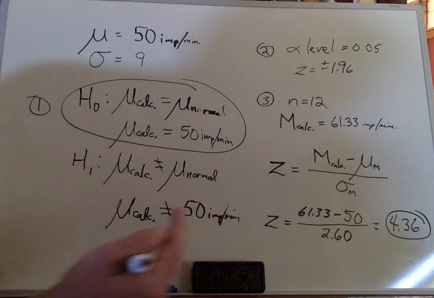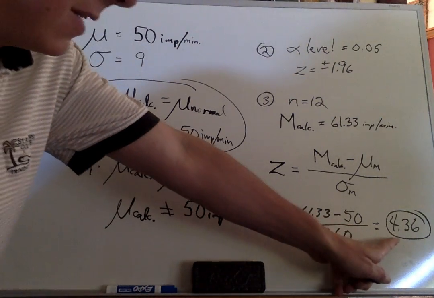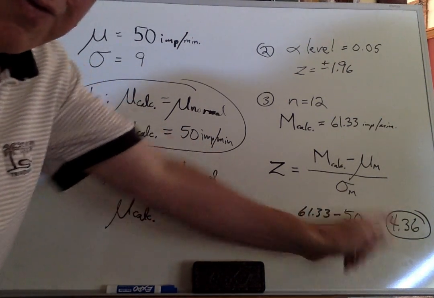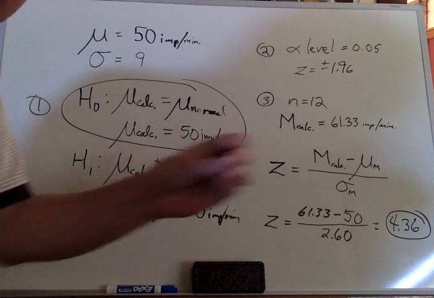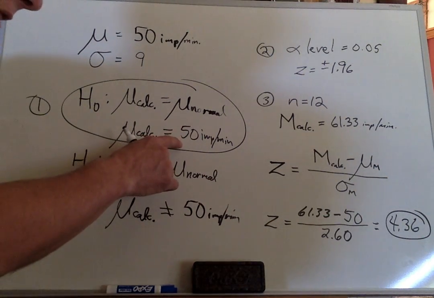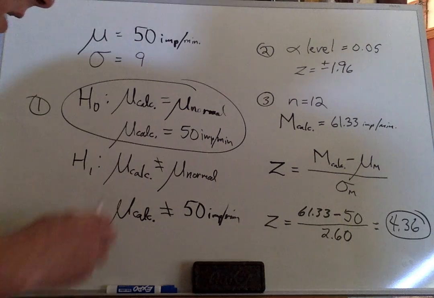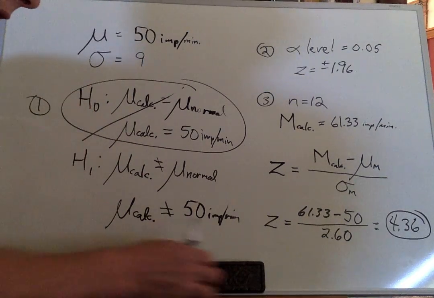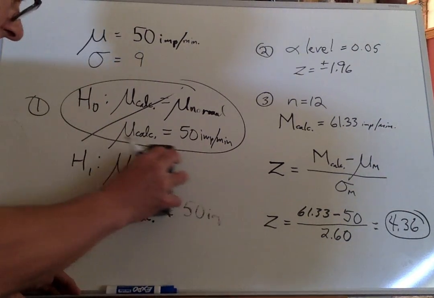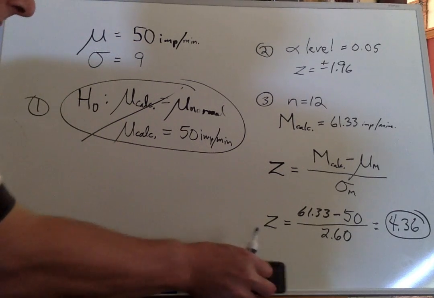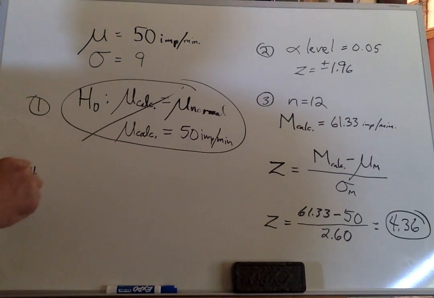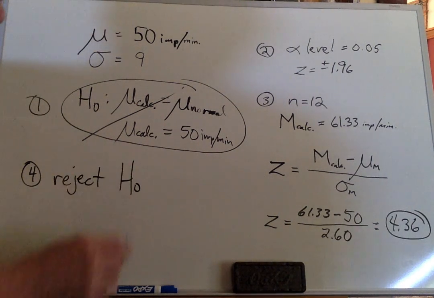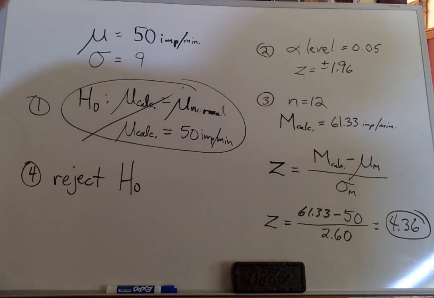Now we know there's going to be variability. That's just too far out. 4.36 standard deviations away from 50. And so in this case, I'm going to reject the null. And let's do this as step 4, right? Reject the null. I don't think that this is the case.